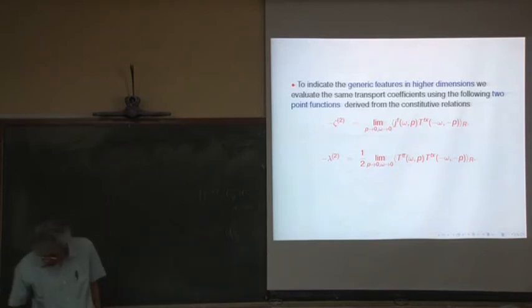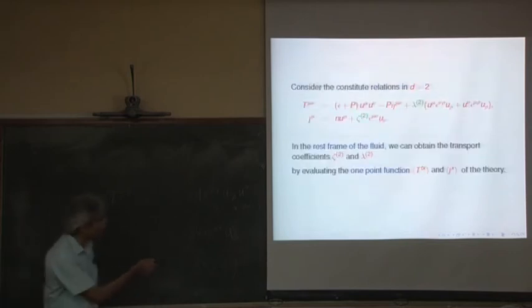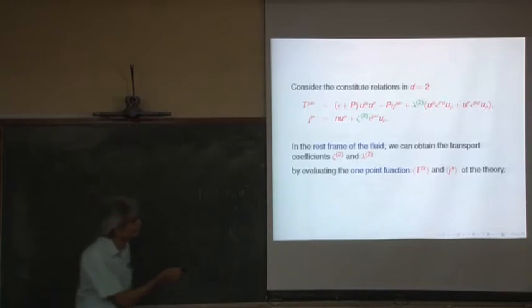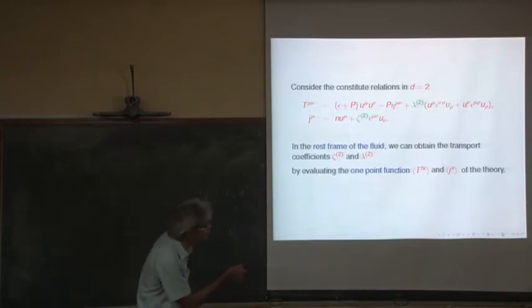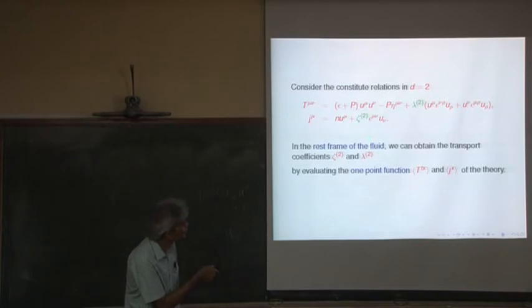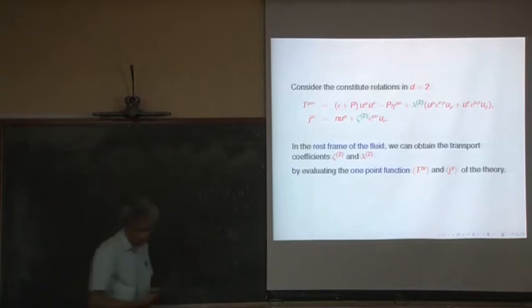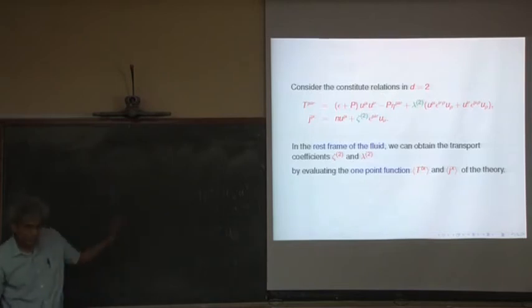You just have to look at that constitutive relation, do some small fluctuation analysis, and read out the response from a 2-point function. Basically, this has a raising and lowering g, and this also has raising and lowering g. So if you differentiate this with the metric, it picks up zeta 2. I want to do it this way because it captures the generic features of the calculation in higher dimensions.